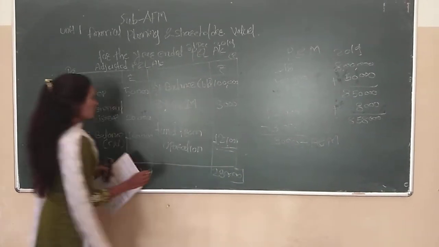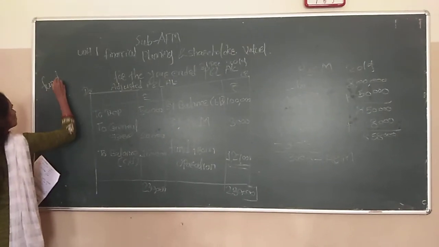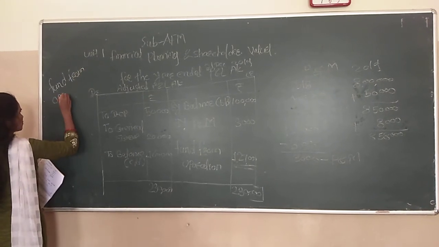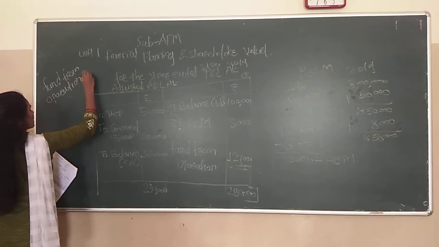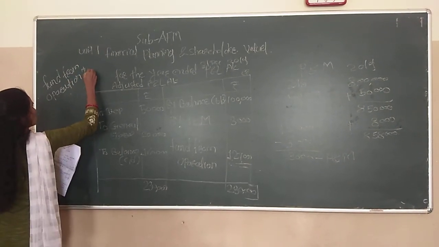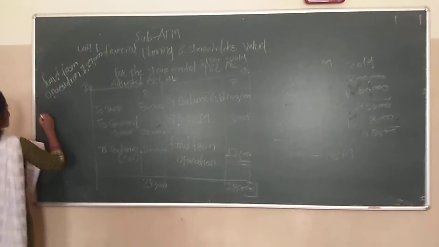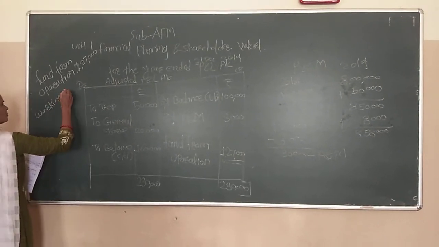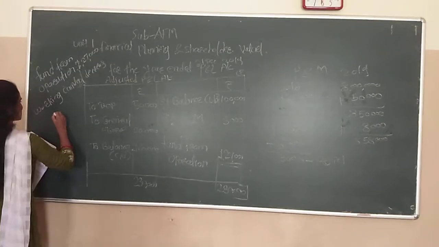So the fund from operation is 1,27,000, and working capital decrease 60,000. Okay.